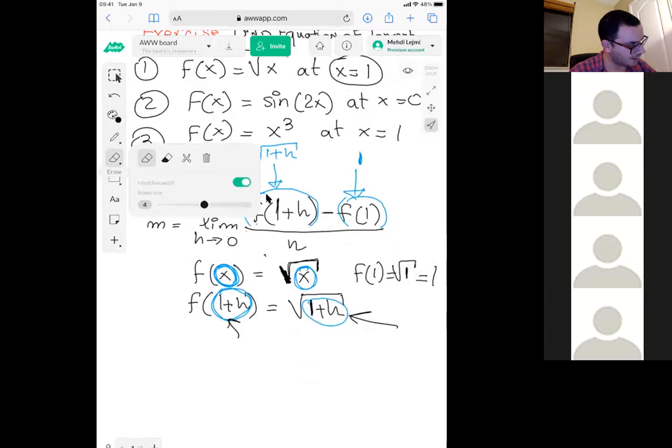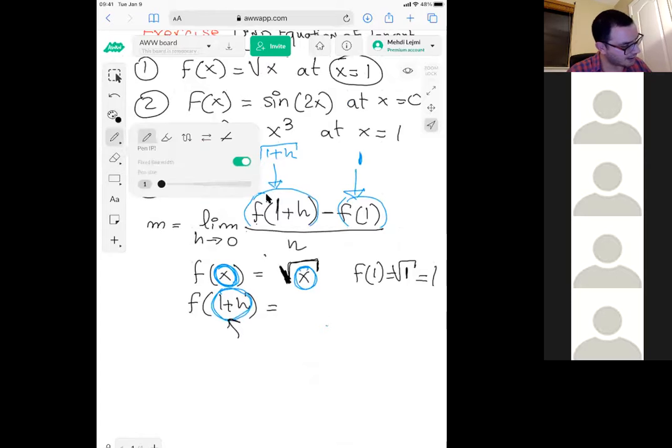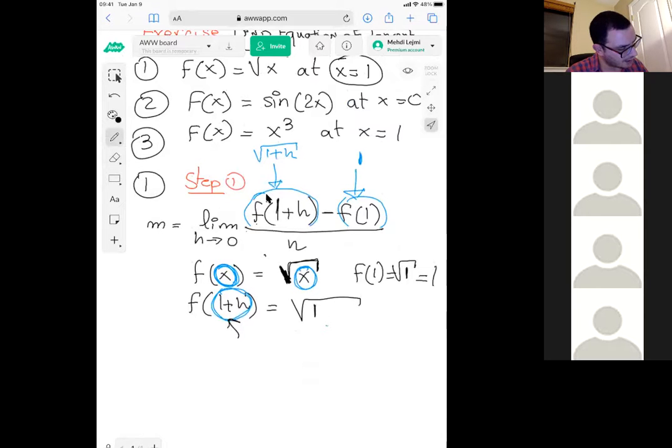I think I can explain this one. The reason why the square root is over 1 plus h is because 1 plus h is replacing x in the original equation. Oh, we're saying why the h is under the square root. Yeah, that's what I meant. So that's because instead of x, you're supposed to have 1 plus h.